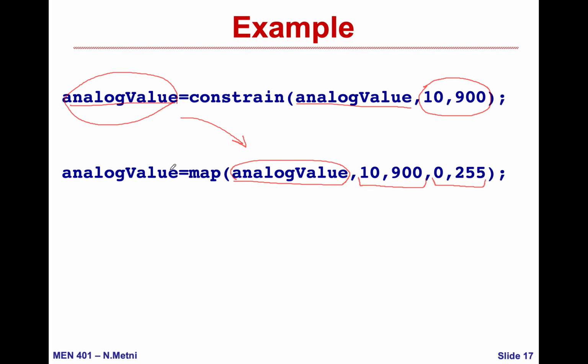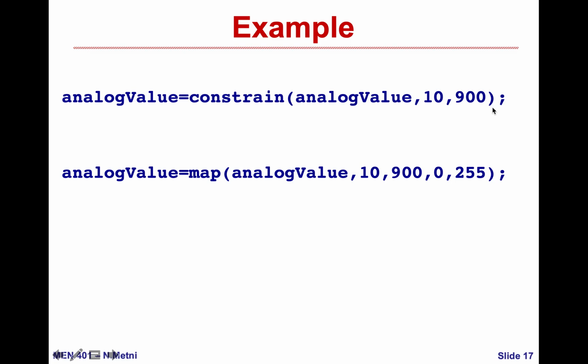In this way, I will be minimizing the errors or even removing all errors, because here I am sure that this value can never go beyond 900 or below 10. Why? Because I constrained it to have a value between 10 and 900. So in this way, I finish this part on analog input and PWM output.